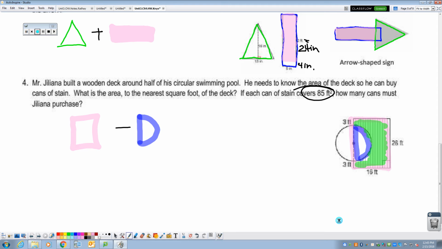Things to keep in mind. How many cans implies rounding. You cannot buy a partial can of paint. And so consider that when you're looking at your answer and you're deciding how to round it. No partial cans of paint allowed. We have to buy a full, or stain, sorry. We have to buy a full can of stain.